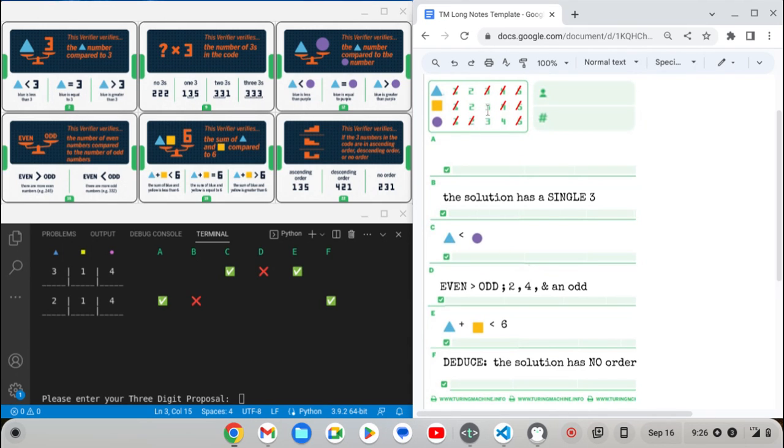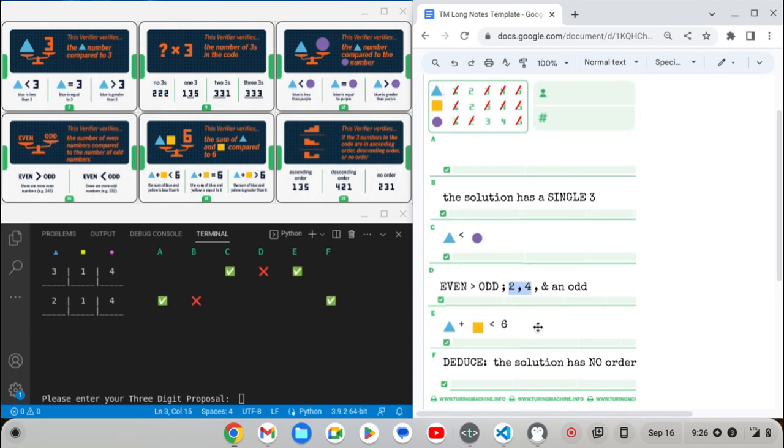And if I choose square to be 3, it forces circle to be 4, hence a descending. And it's not descending. So somehow my argument was not valid. So it seems like it's 2, 2, 3.